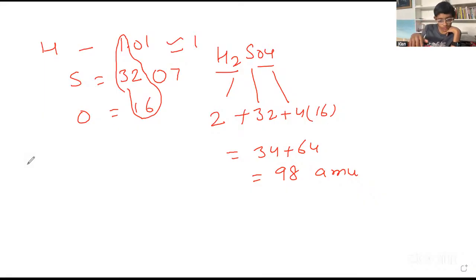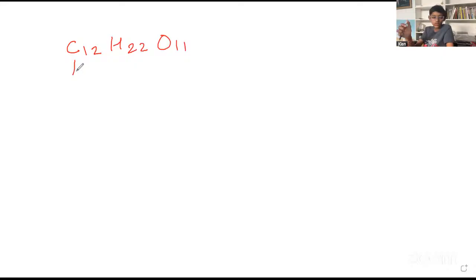What is the C12H22O11? Now C, what is the mass number of C? C is carbon, 12.011. Okay, you can take roughly 12.